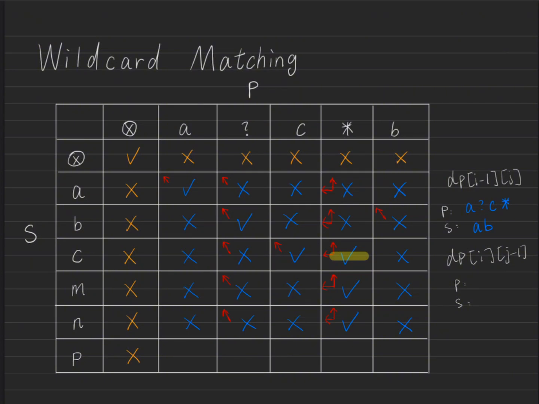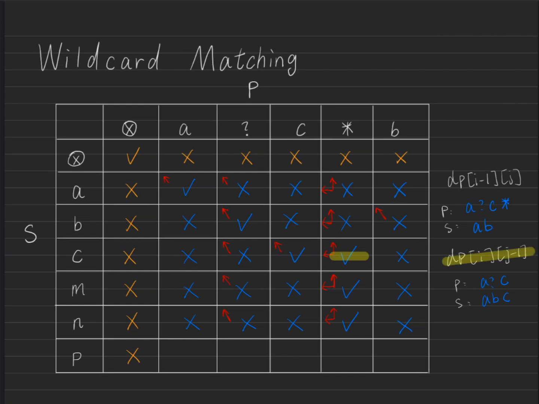This is not a match. For dp at i, j minus 1, P is ?c and S is abc. And this is a match, and therefore dp at i, j is a match.